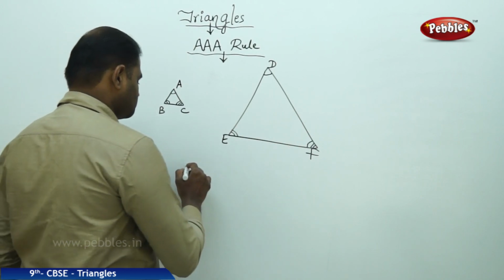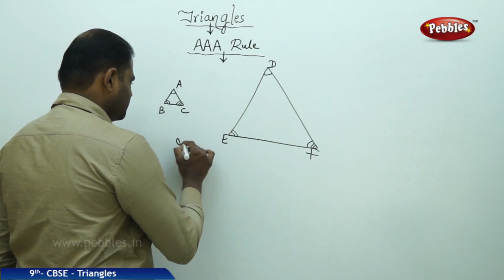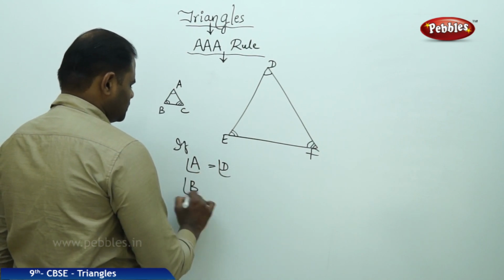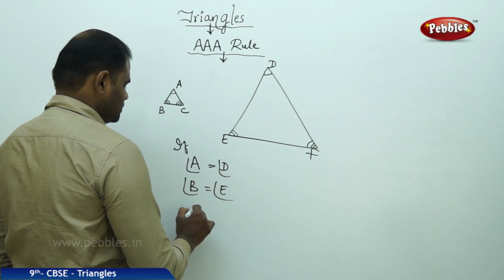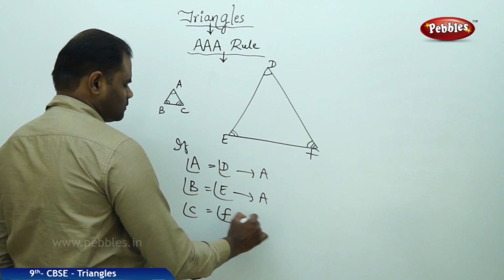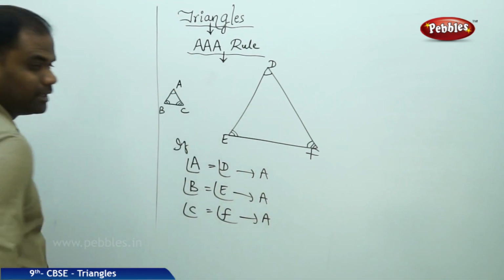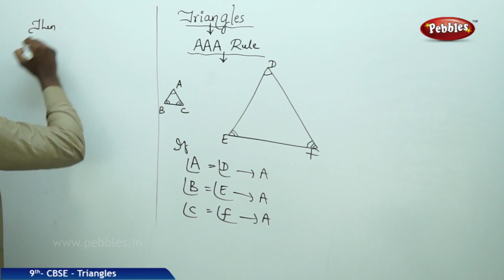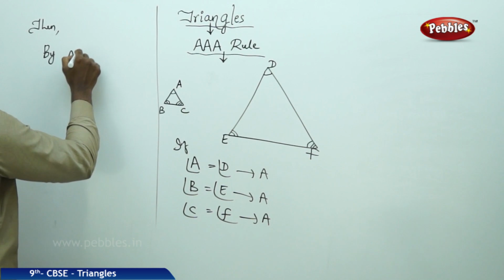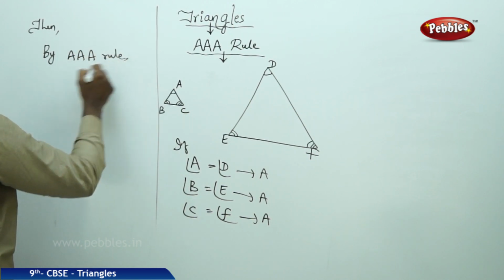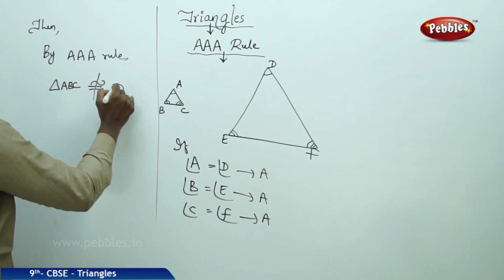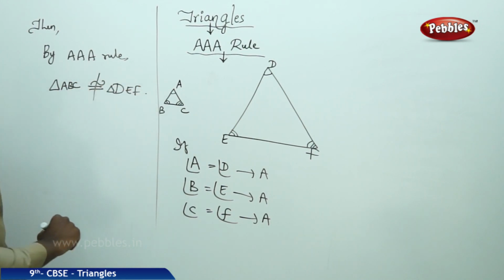Therefore, if angle A equals angle D, angle B equals angle E, and angle C equals angle F, then by AAA rule, triangle ABC is not necessarily congruent to triangle DEF.